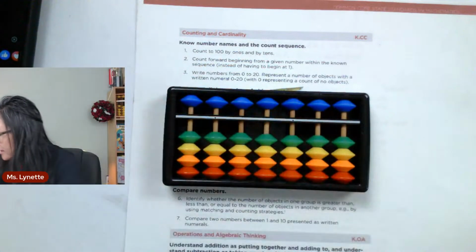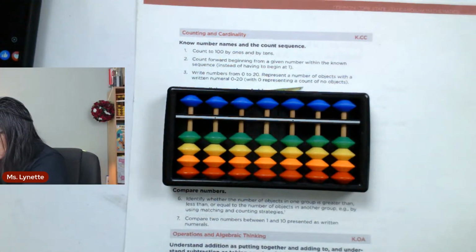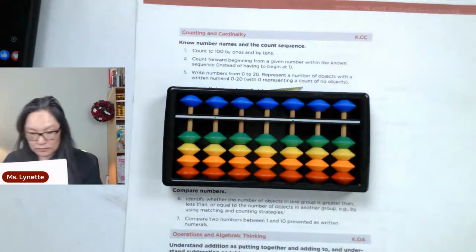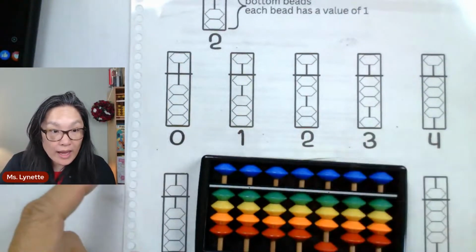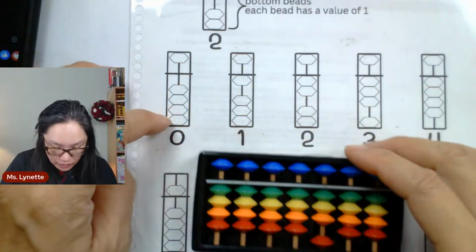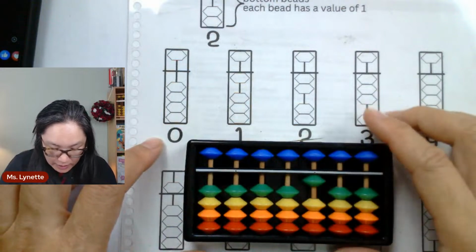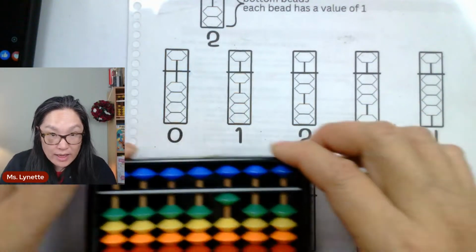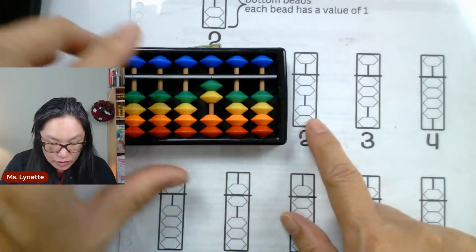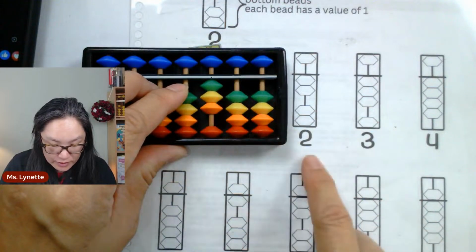So when we look at it, we have 0. This is what 0 looks like. And then we do 1. This is what 1 is. After 1 is 2. After 2 is 3.